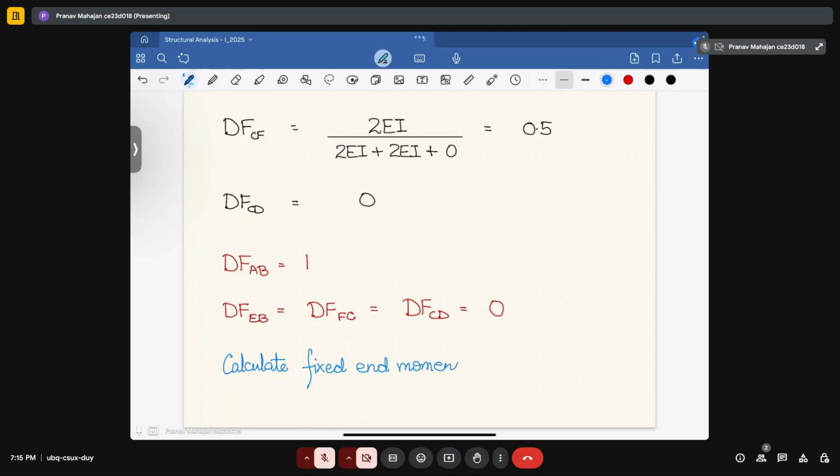So if we try to calculate the fixed end moments, what we will get? Let's see that.